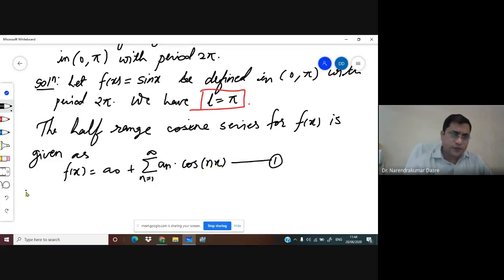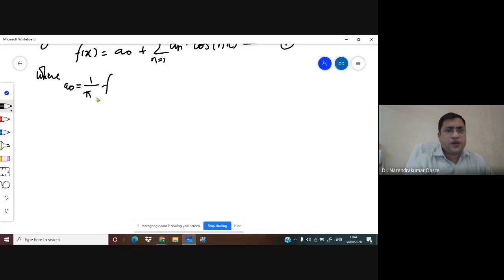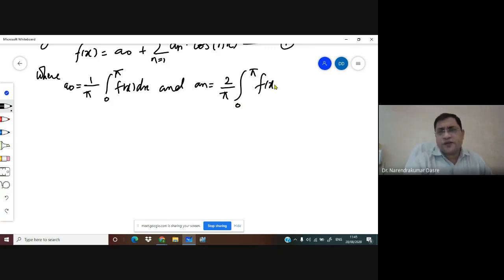Let it be equation 1, where a0 is equal to 1 upon pi integral 0 to pi f of x dx, and an is equal to 2 upon pi integral 0 to pi f of x cos of nx dx.